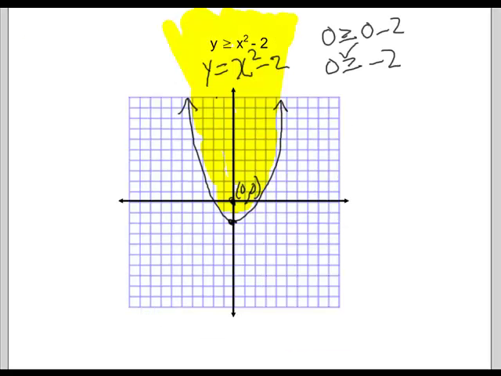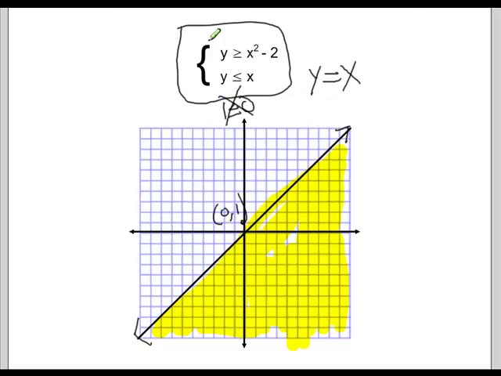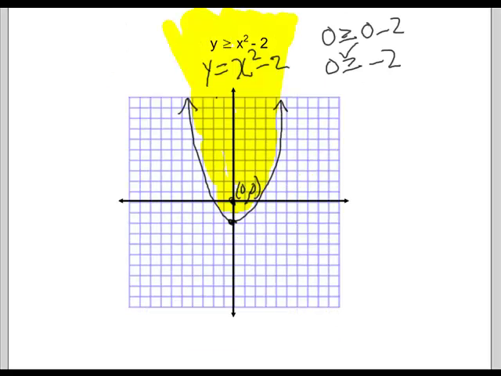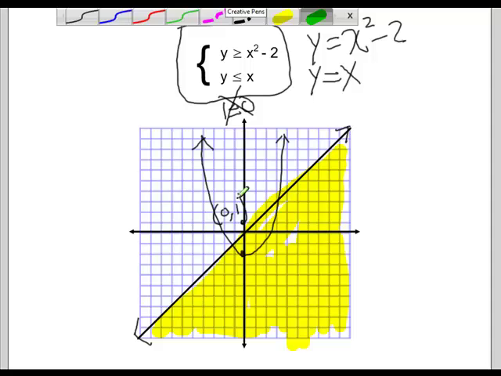Which is the same thing we did over here. These are just both of the past two equations. But then we also have the parabola of y is equal to x squared minus 2. Remember, I'm just writing it like this because we're just going to graph this. And remember, it was everything inside because it's greater than. So we're going to be highlighting everything inside.